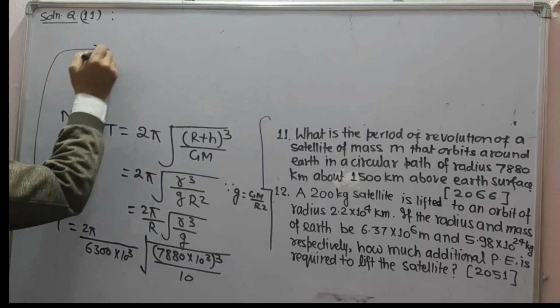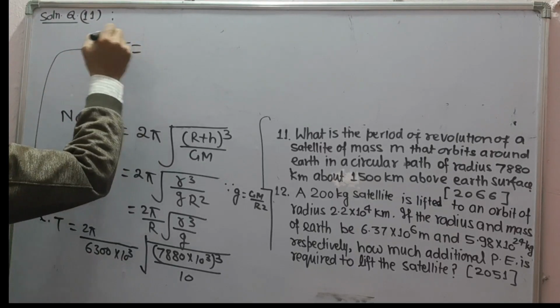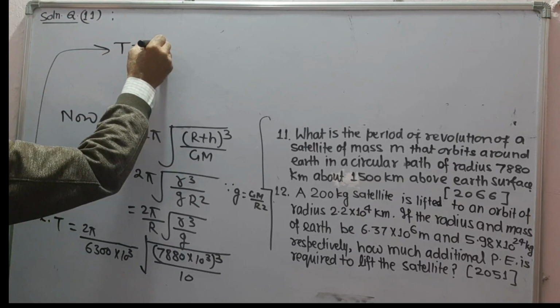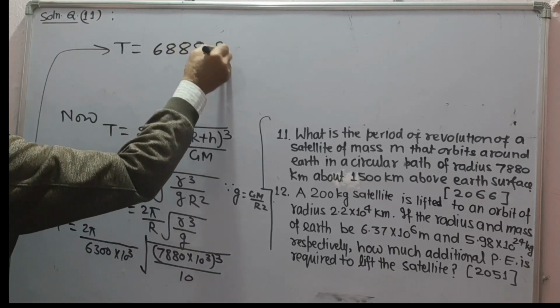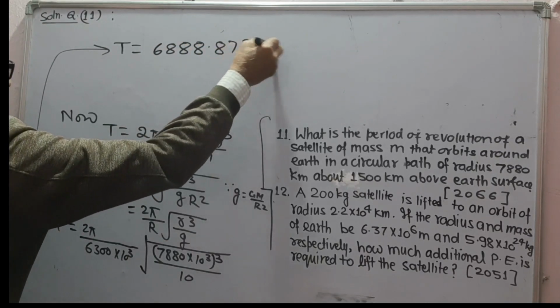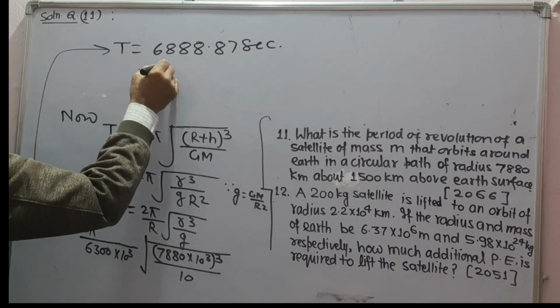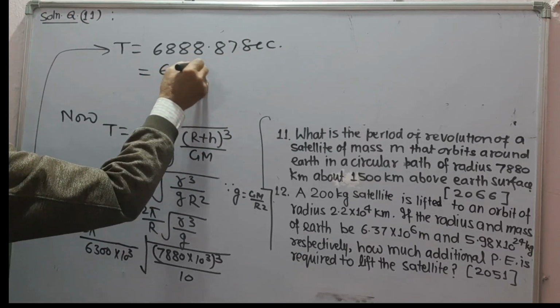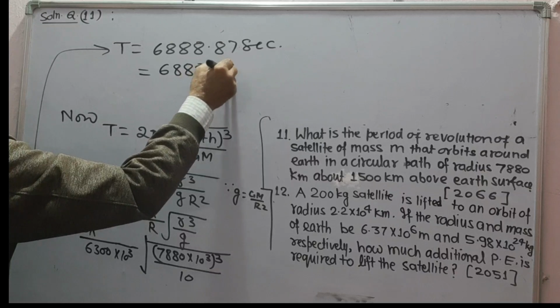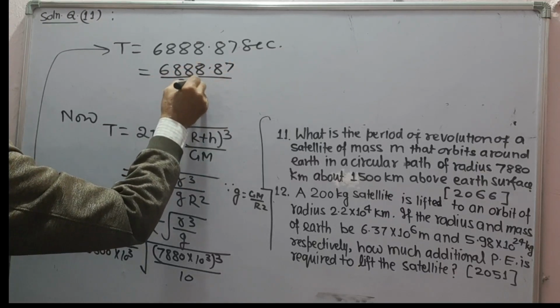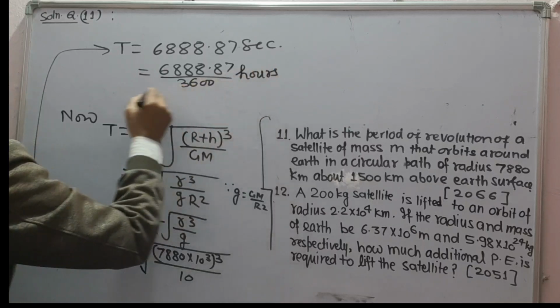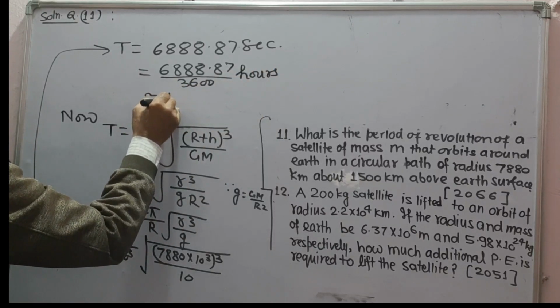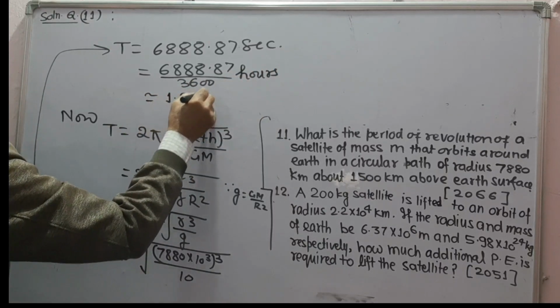So time period is 6888.87 seconds, which can be written as 6888.87 divided by 3600 hours, which is nearly 1.91 hours.